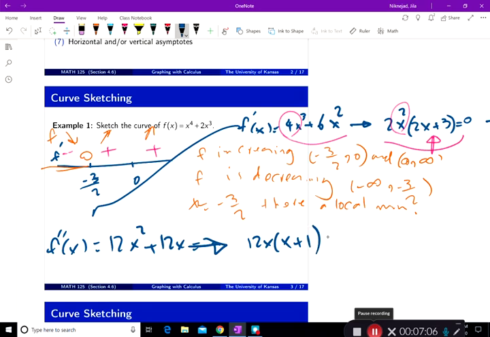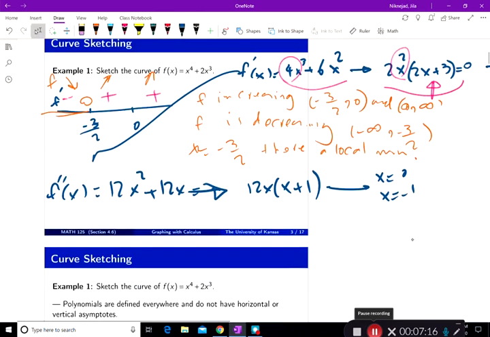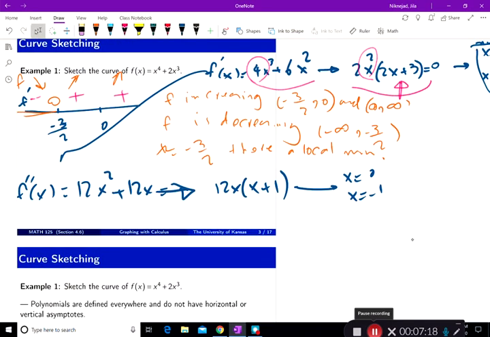And then this will give me f prime is 0 at x equal to 0 and also at x equal to -1. Now, from here, I can go about and find the intervals for f double prime.